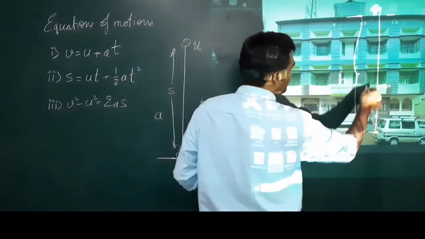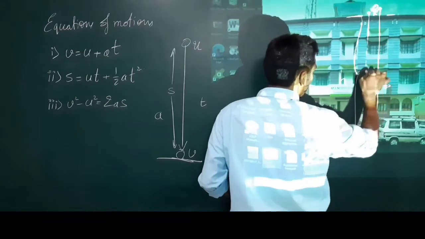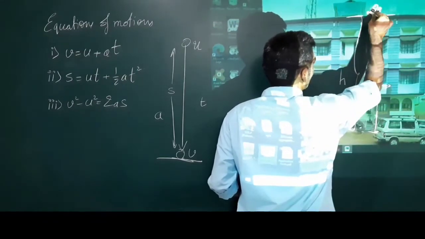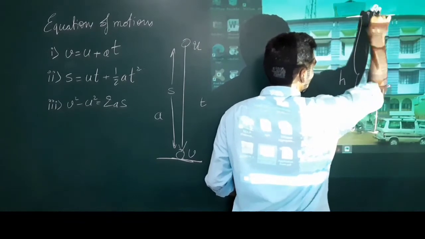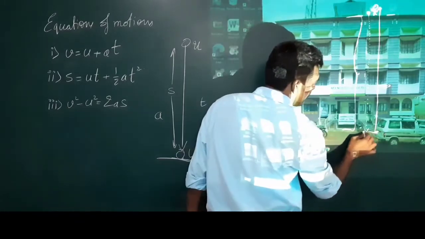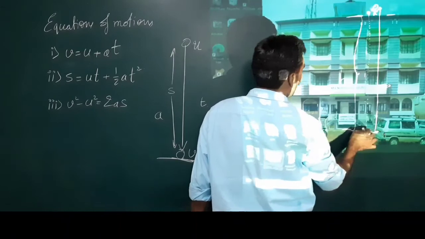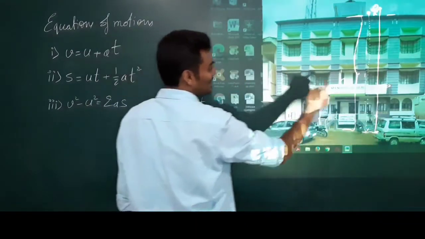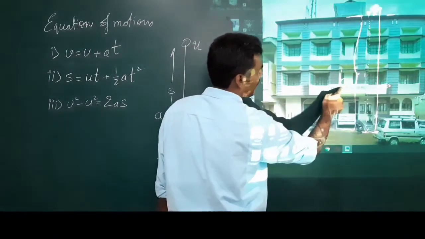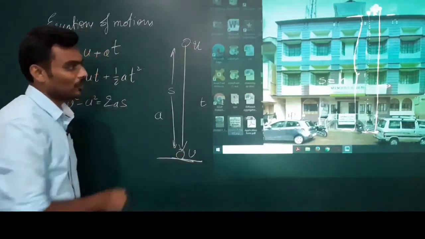For this particular situation, if I leave a certain body from the top of the building and that body falls down, when it reaches the ground, the total distance it has travelled according to the equations of motion is s, but what I have chosen is the total height of the building is h, which means s is equal to h for that motion.